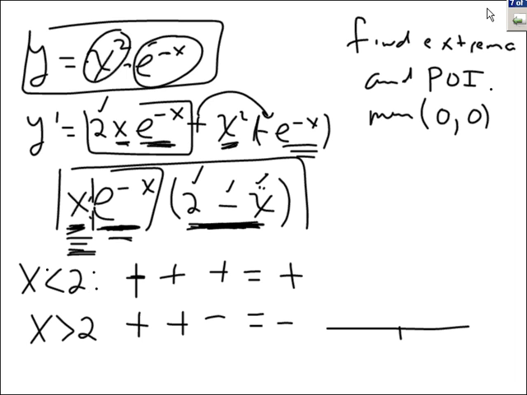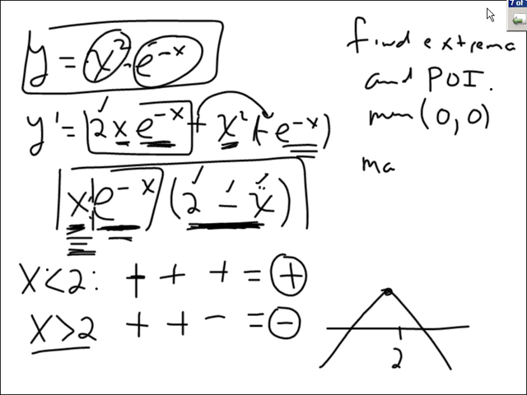What this is telling me is that to the left of 2, the slope is positive, I'm going up. And to the right of 2, the slopes are all negative, going down. You have a max when x is 2. And I plug it in. You get 2 squared is 4.